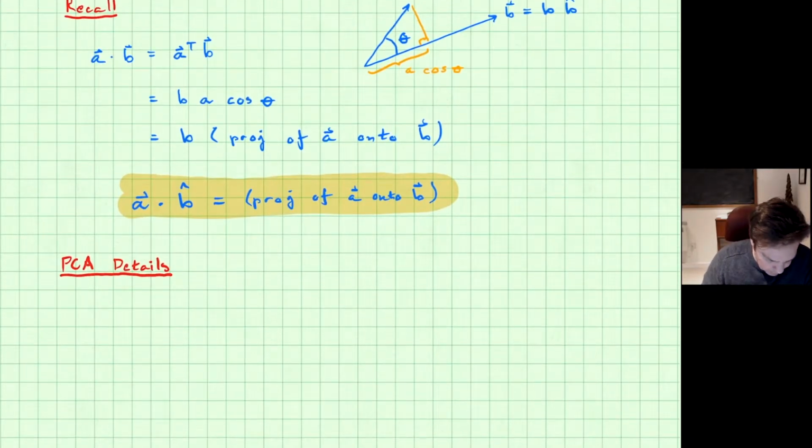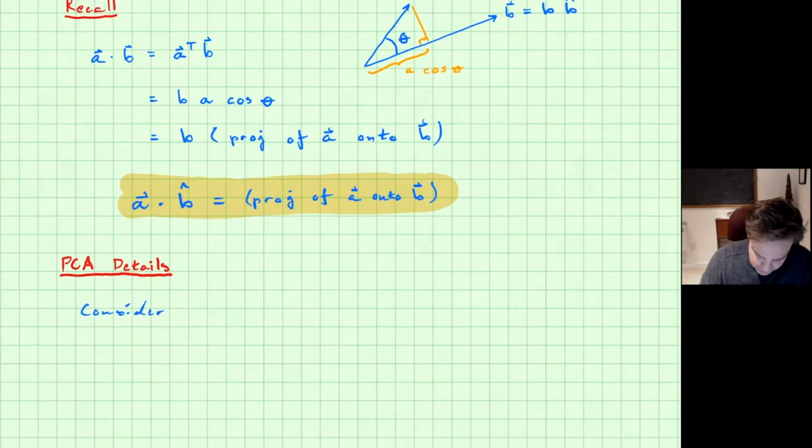Okay, now I want to start out by saying, consider you have some data matrix, and I want to look at just one observation from that data matrix, or rather one row. Let's give it a name.